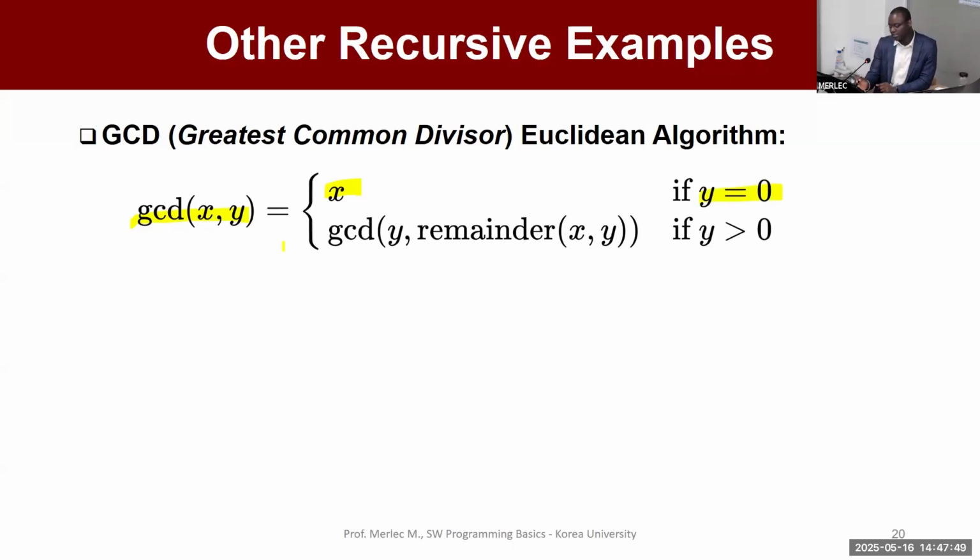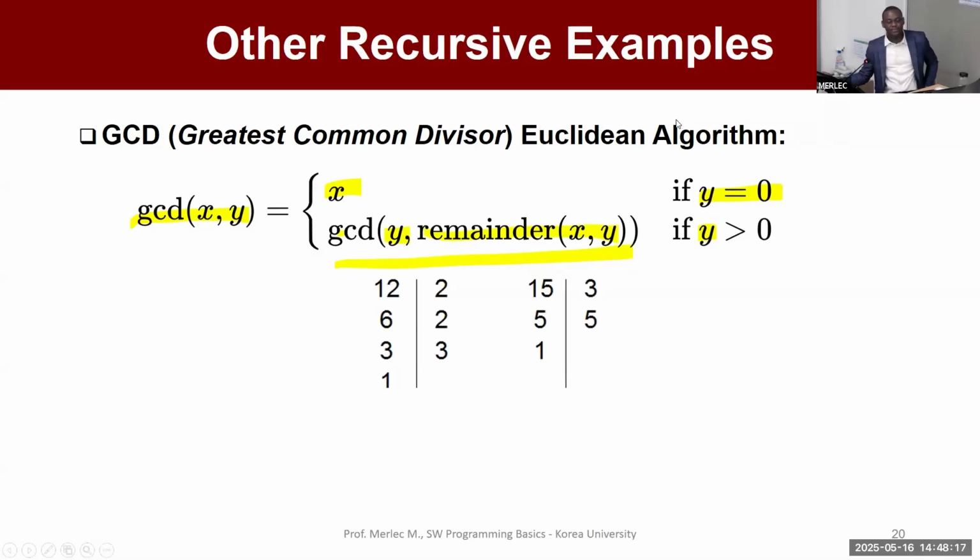Or the GCD of x and y is equal to GCD of y and the remainder of x and y if y is greater than 0. So you will see we'll be repeating this case again and again until we reach the base condition, which will be x when y is equal to 0.